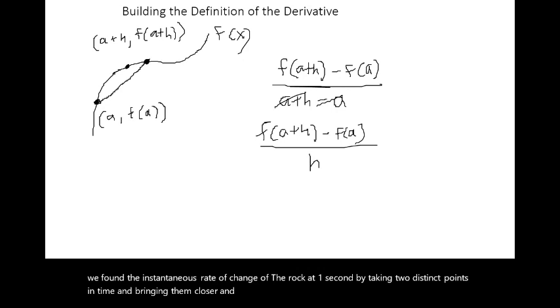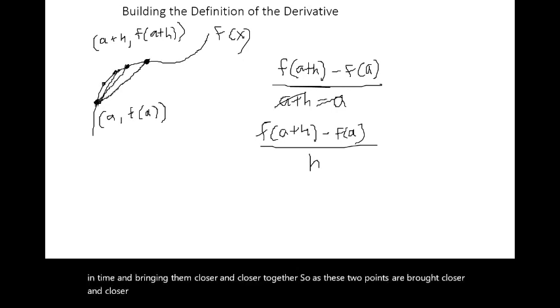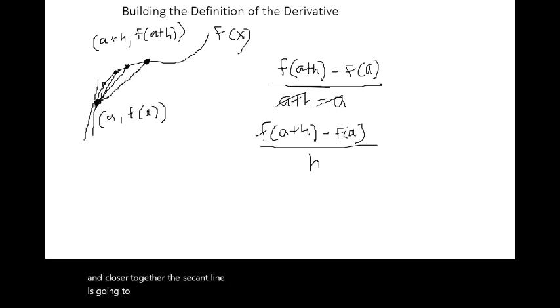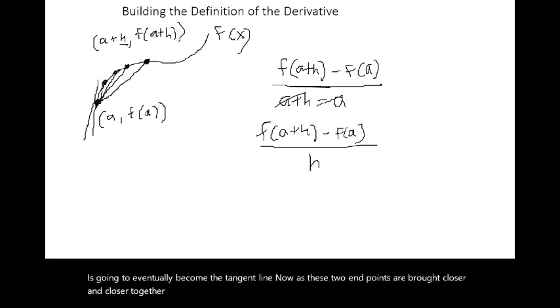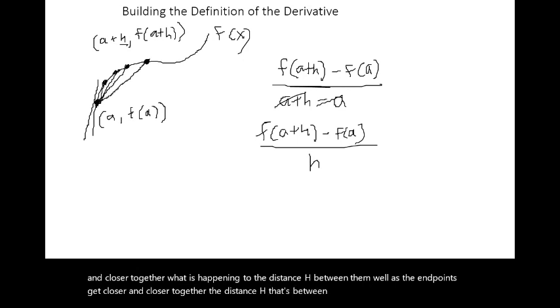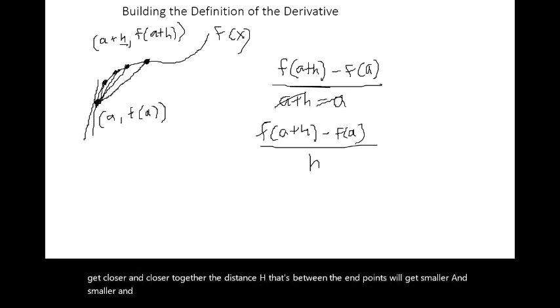As these 2 points are brought closer and closer together, the secant line is going to eventually become the tangent line. As the endpoints get closer and closer together, the distance h between them will get smaller and smaller and will approach 0. That should sound like a limit because it is.